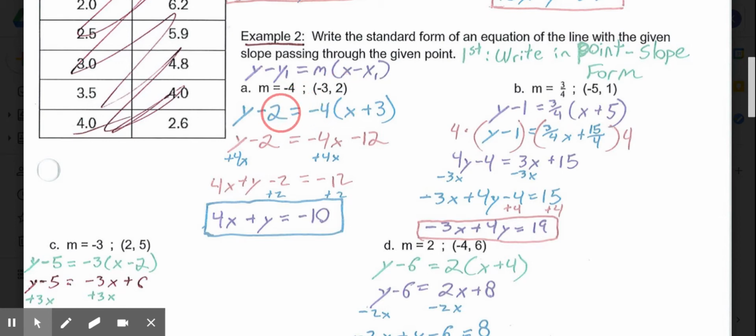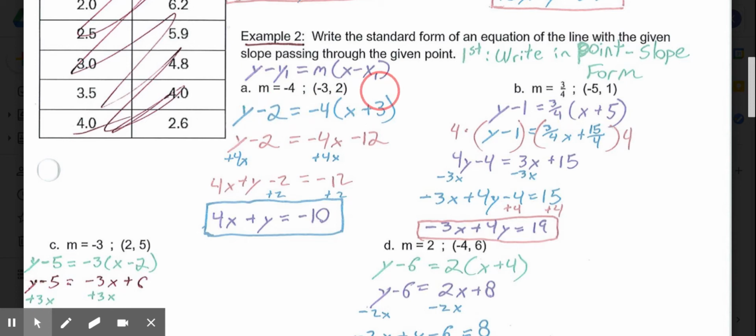The 2 goes in for y sub 1, so y minus 2 equals our slope m, -4, then in parentheses, x minus x sub 1, so x minus a -3 is x plus 3. So now this info is written in point-slope form.